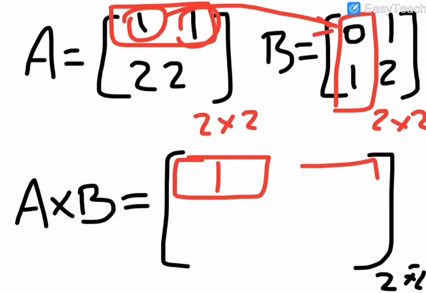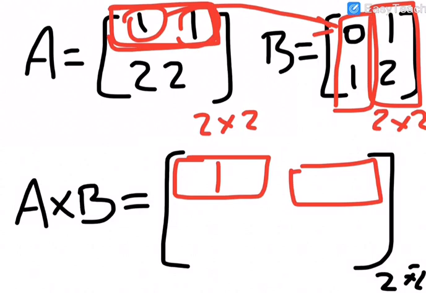We go to the next element. Here, we take the first row again, but the second column of matrix B. Again, multiply and sum. 1 times 1 is 1, 1 times 2 is 2, so it's going to be 3.